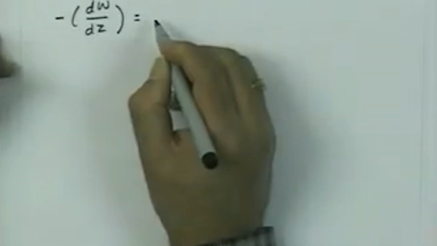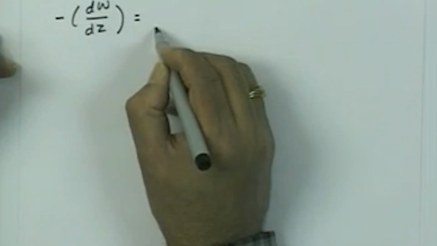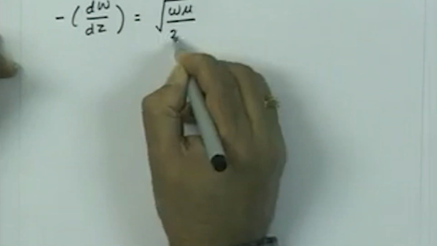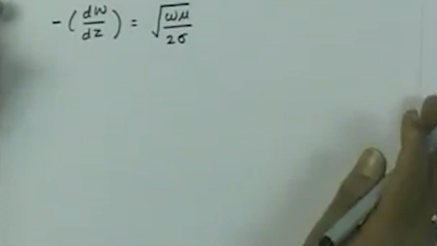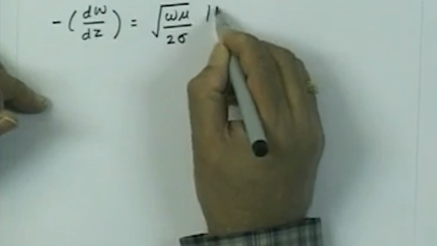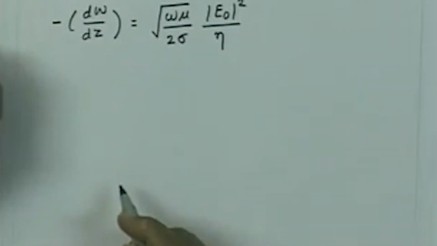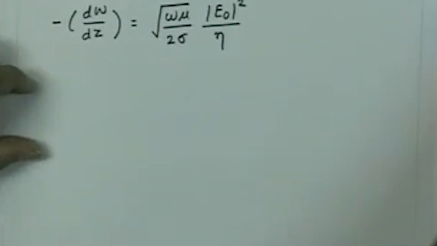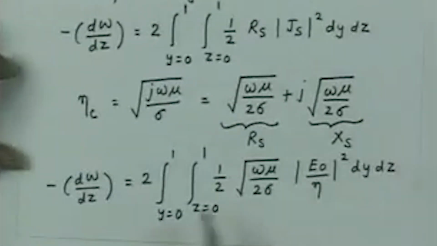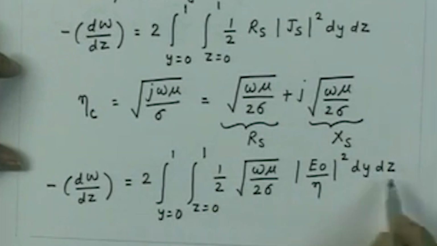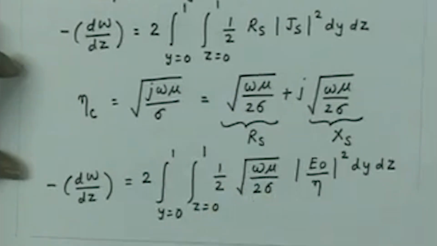So, you will get square root of ωμ upon 2σ times |E0|² upon η, and the integral for y from 0 to 1 dy will be 1, for z from 0 to 1 dz will be 1. So, the integral value is equal to 1.